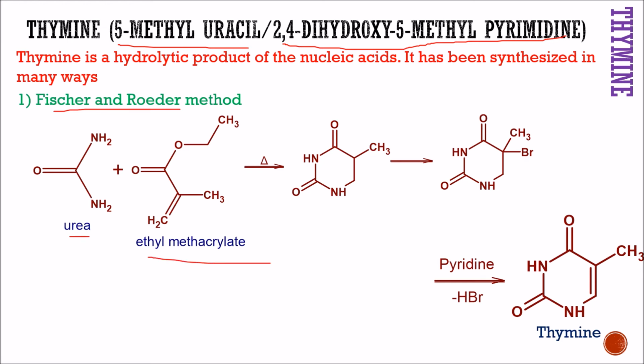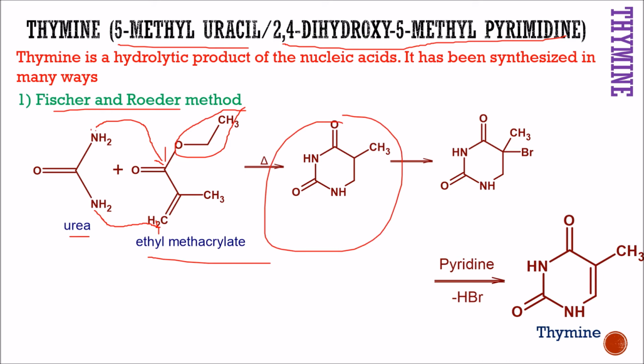Here again lone pairs of nitrogen is attached to this carbonyl carbon, and this nitrogen also attached to this terminal carbon atom. So here ethanol is liberated, 1 mole of ethanol is liberated and a ring structure takes place.